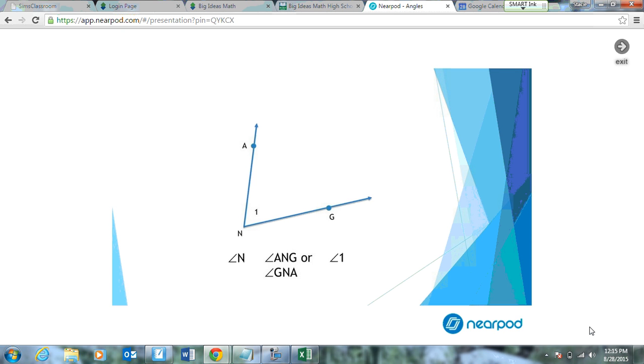Okay, when only a single angle is shown, we can name that angle by its vertex, that point, or a number, or a three-letter combination, provided the vertex is the middle letter.